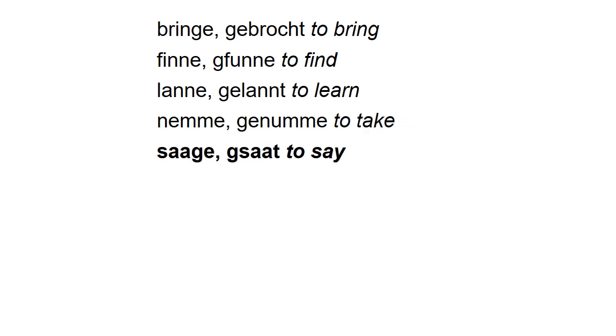To say is sawwe, gsawt. Remember that a g between vowels usually makes a sound like y or w. Sawwe, gsawt. In a gs, the g often comes out a bit like a k at the start of those sounds. One more time. Sawwe, gsawt.